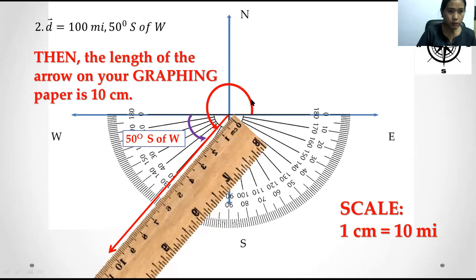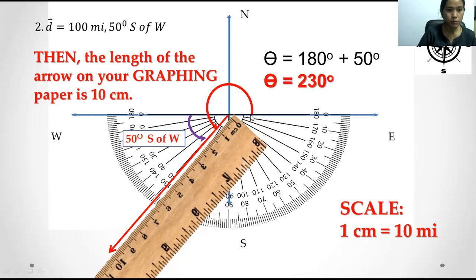Again, we need to measure angle theta so that we will be able to use the vector calculator by Math is Fun to illustrate a displacement of 100 miles, 50 degrees south of west.